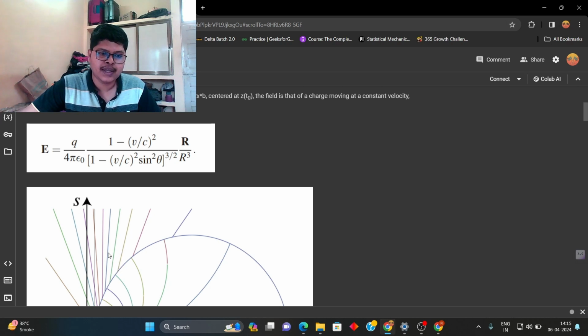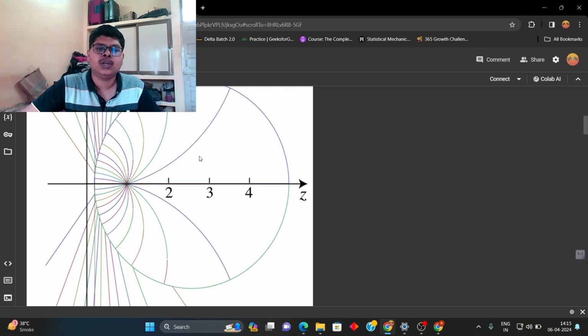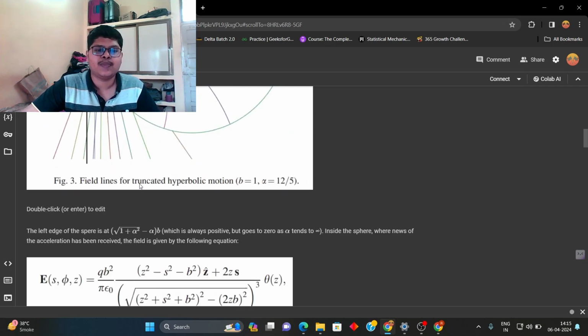So these straight lines are actually coming out of these equations, and the curved electric field lines are due to the accelerated motion of the charged particle.